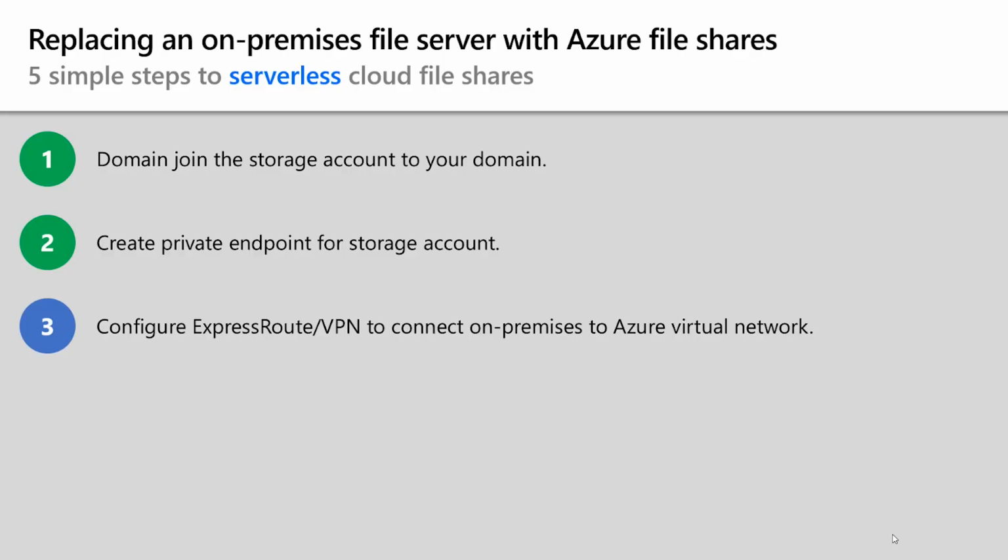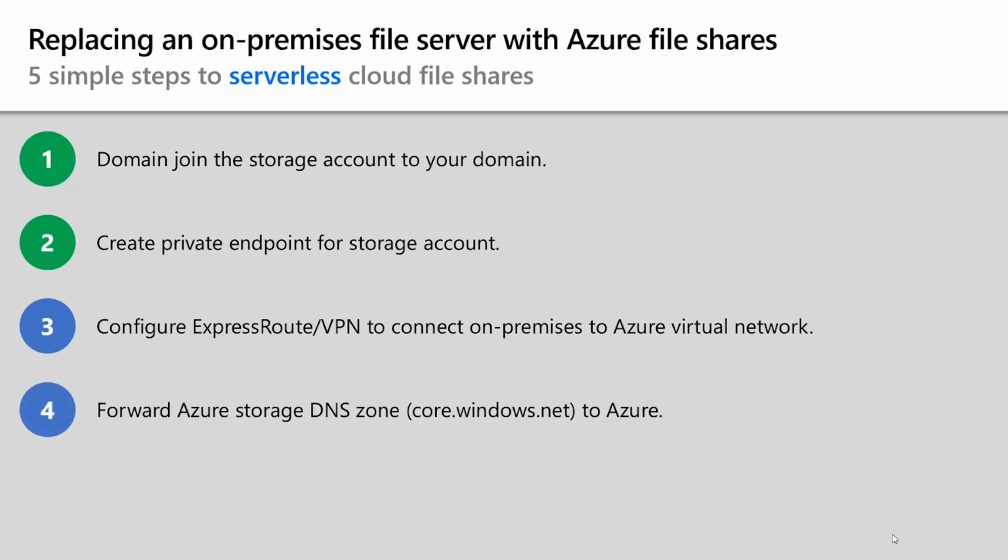So you might have noticed that I used the private IP address of the private endpoint rather than using the fully qualified domain name of the storage account. The reason that I did this is because the name of the storage account will resolve via the DNS lookup to the public IP address for the storage account, rather than the private endpoint that we just created.